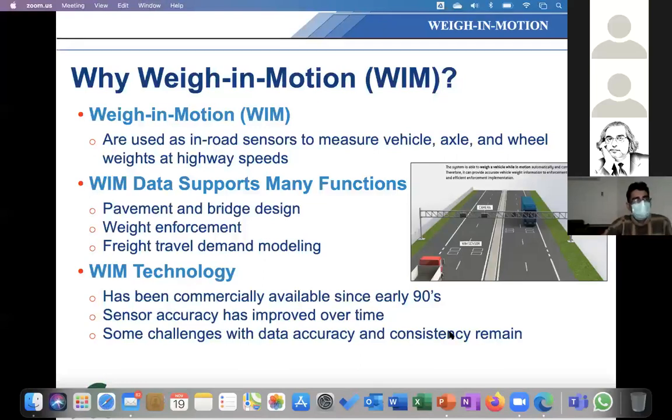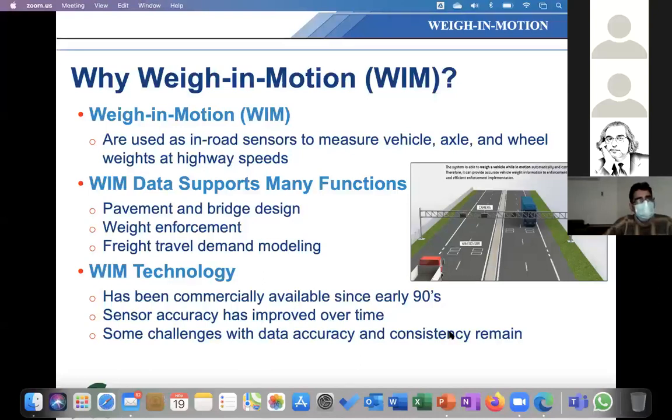But in the US, most of the states are now using these WIM sensors. The sensor accuracy has improved over time. Since the technology is improving and the sensor cost and accuracy have improved, we still have different technologies available to the user so that you can have different accuracies along with the associated cost.